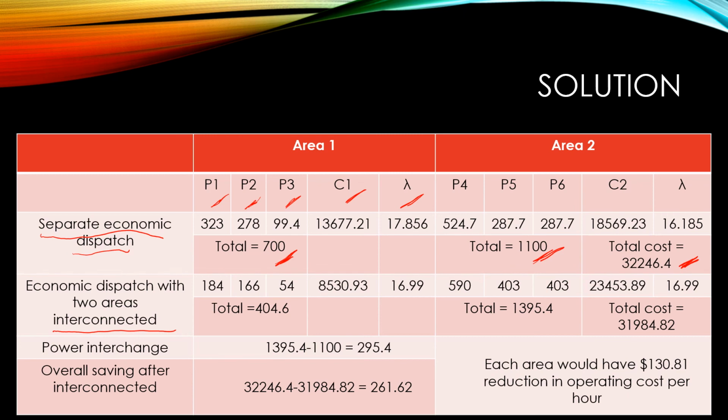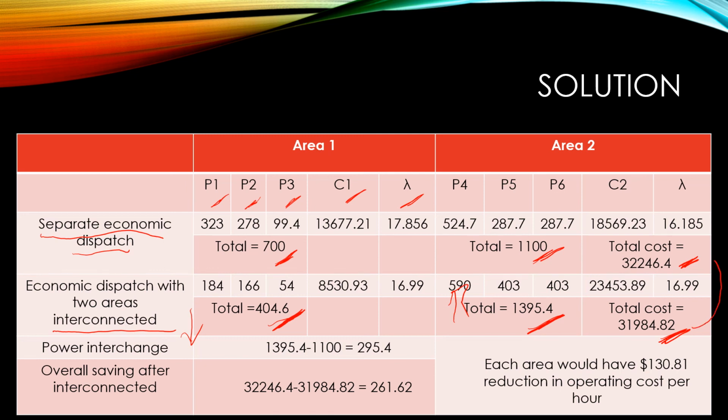Now if we connect the two areas together, you can observe the amount of generation is reduced here, and increased here. It is because the fuel cost in area 2 is cheaper than area 1, so the generation is increased here and decreased here. The total money we spent for generation is $31,984.82 per hour.